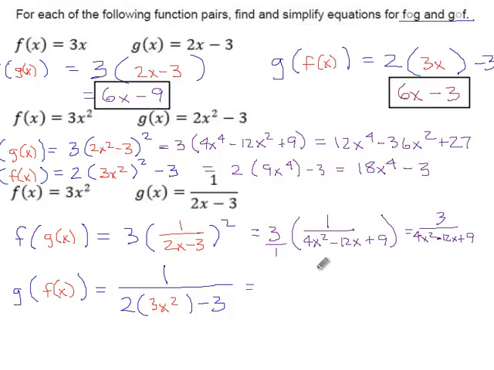If we pretty that up as much as we can, we get 1 over 2 times 3 is 6x squared minus 3. I suppose you could factor a 3 out of that. I'm not sure it's worth it. You'd get 1 over 3 times 2x squared minus 1. I don't think that's better. I think I would stop right here. If you are passionate about factoring, then fine, take the 3 out and you'll get this expression, and either way we'd have to stop there.